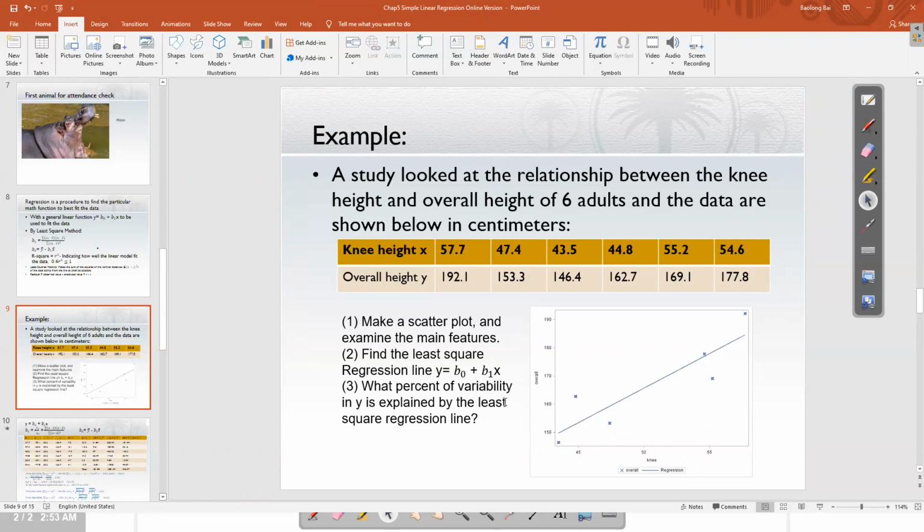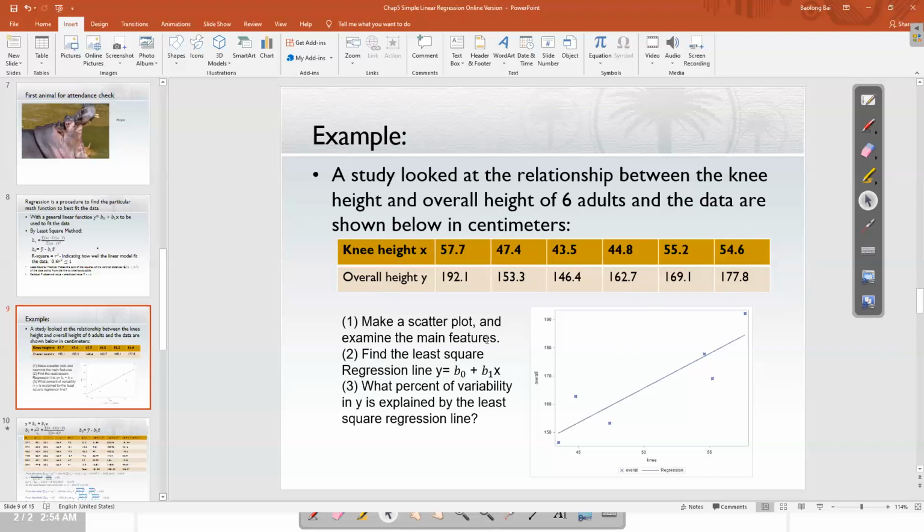Okay, so let's look at an example again. This is the same study background as what we saw in chapter 4, scatter plot and correlation. But here we're going to do the regression process instead of the correlation process. A study looked at the relationship between the knee height and overall body height of 6 adults, and the data are shown below in centimeters, the same data set.